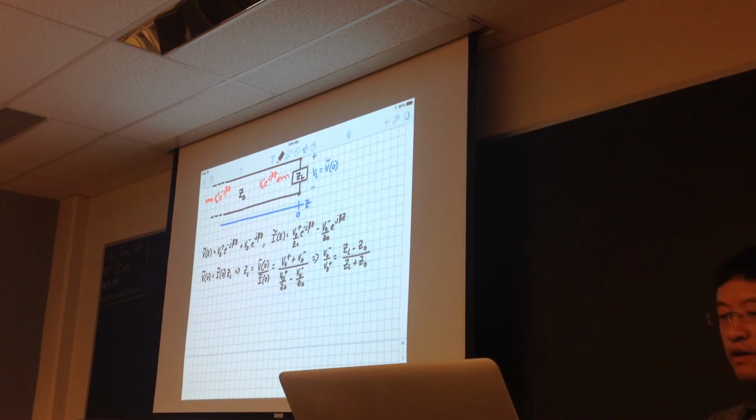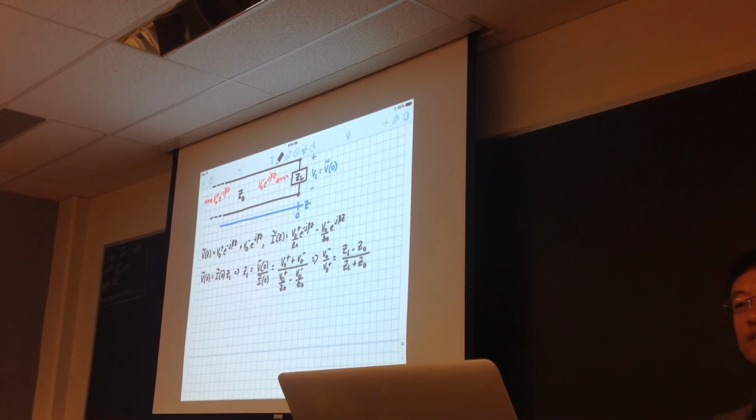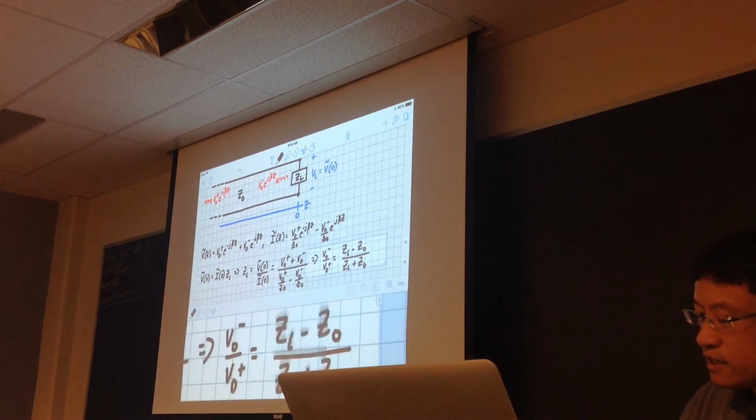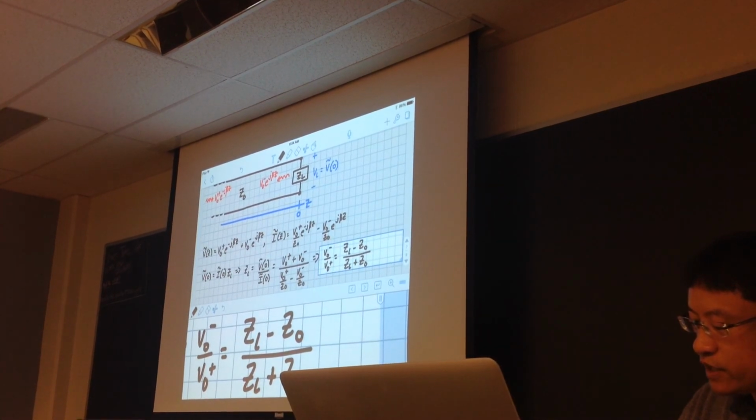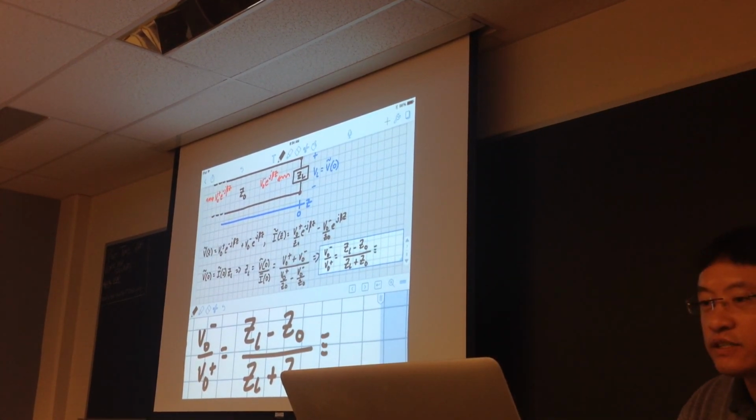Okay, the ratio of V0 minus to V0 plus is ZL minus Z naught over ZL plus Z naught. Since this gives you the amount of reflection given some V0 plus, we're going to define this to be a parameter gamma.